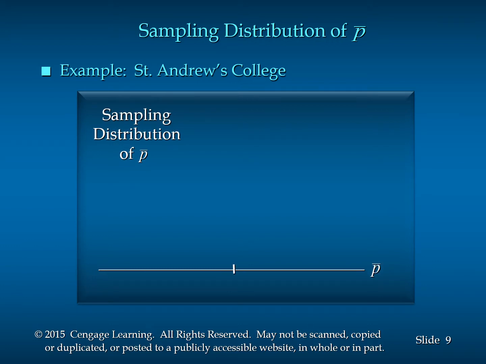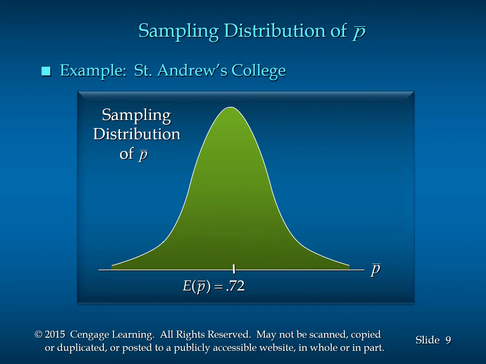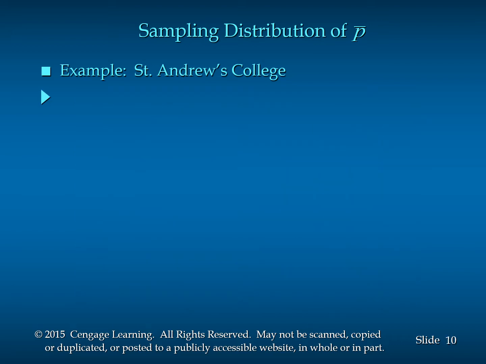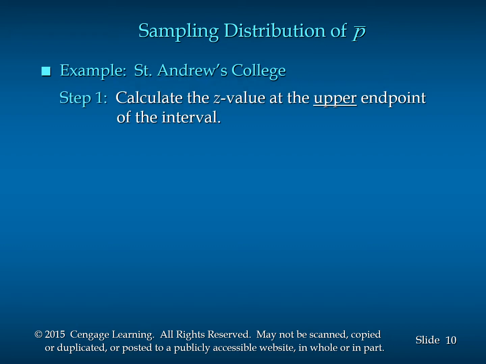We calculate the standard deviation of this sampling distribution of the proportions, and that standard deviation, also called the standard error of the proportion, we calculate that to be 0.082. Using the z distribution, we can now calculate the probability of being in that interval of 0.72 plus or minus 0.05, or 0.67 to 0.77.